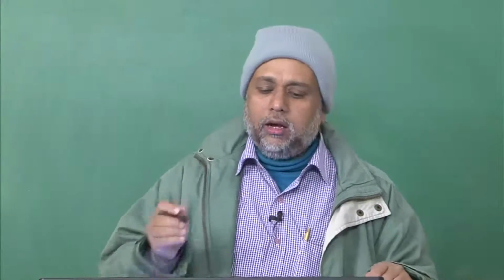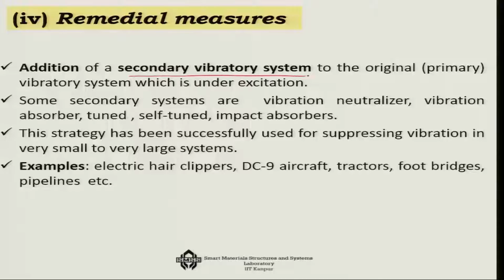Then the thing you can try is to add a secondary vibrating system to the original vibratory system, which is under excitation. Such secondary vibration systems are sometimes called vibration neutralizer, vibration absorber, tuned, self tuned, impact absorbers. There are many names for it.